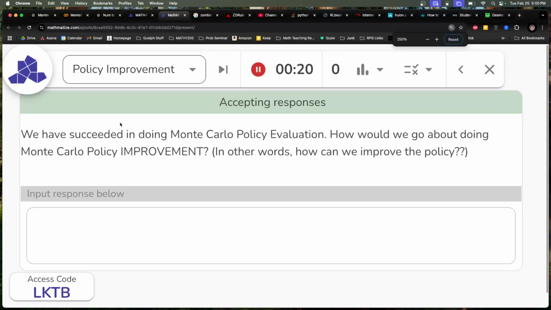So this is a word cloud. Think of any general vague idea you have and put it in there.